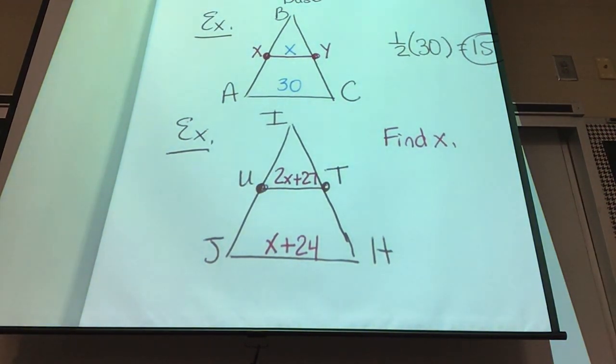So what can we do with these two that's going to help us find x? Because we already know our 2 forms, the only 2 forms that we can use. So what's going to be the easiest to use? Multiply the mid-segment by 2. You can't really take half of an x.